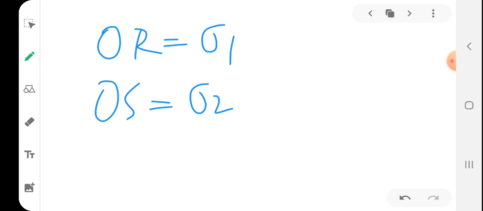OR equal to sigma 1, OS equal to sigma 2, and these two particular values are nothing but principal stress.